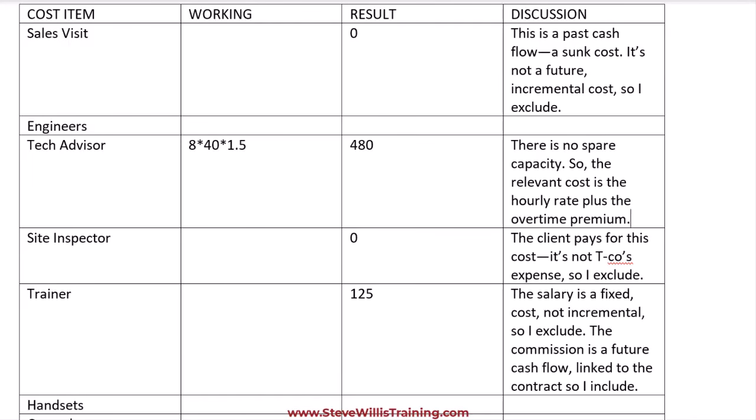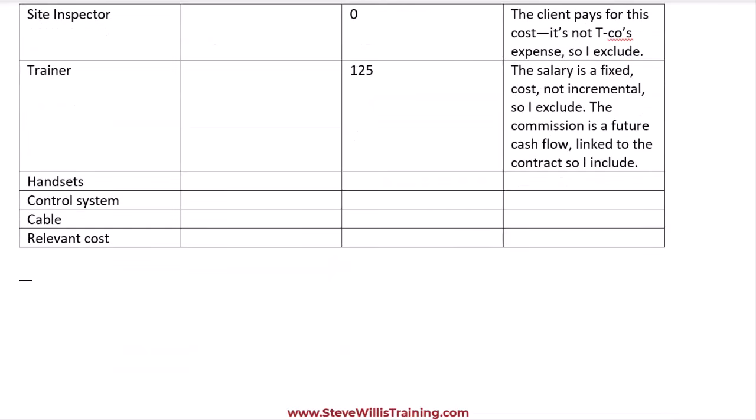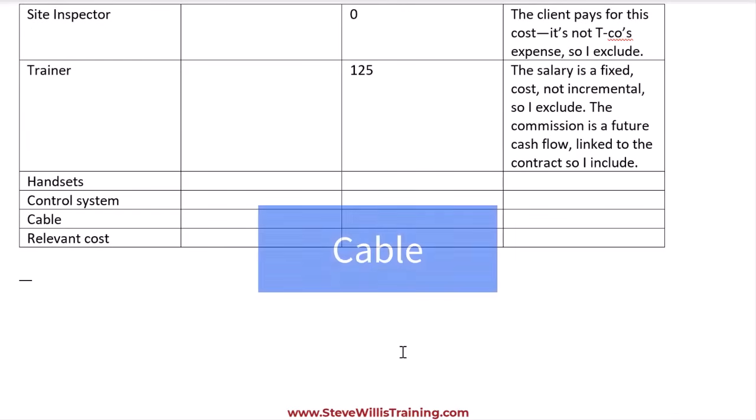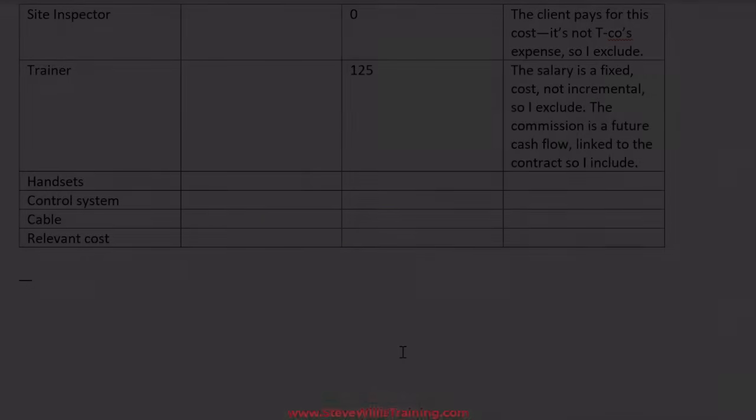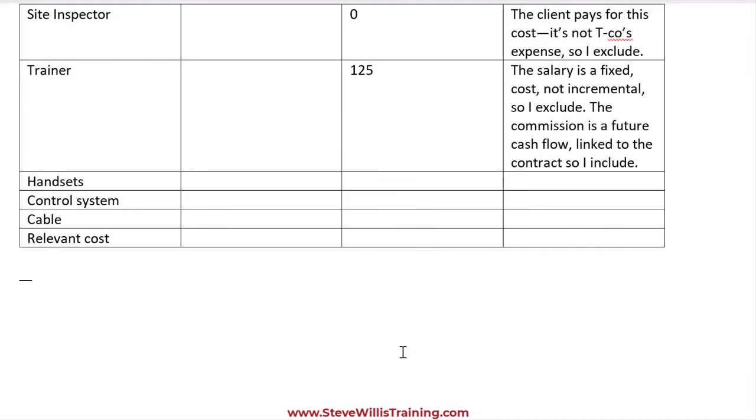Let's go to some medium level workings, and we can now come down and do the cable. So please check out cable. Pause the video and start it up when you're done and ready to compare. So for the cable, we will use the decision tree for direct materials.